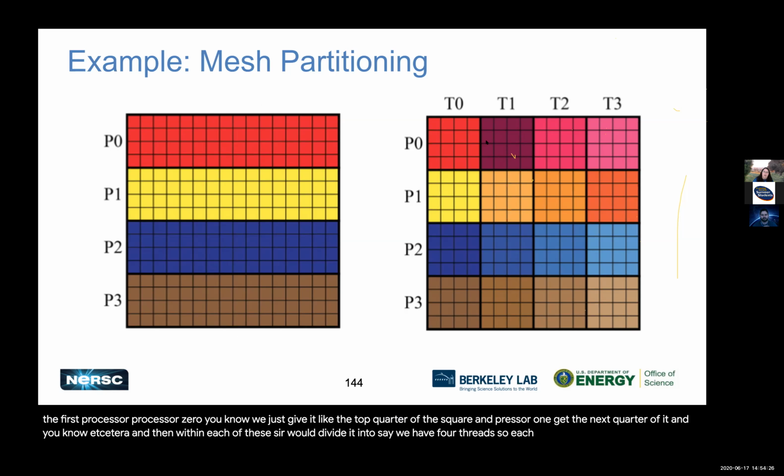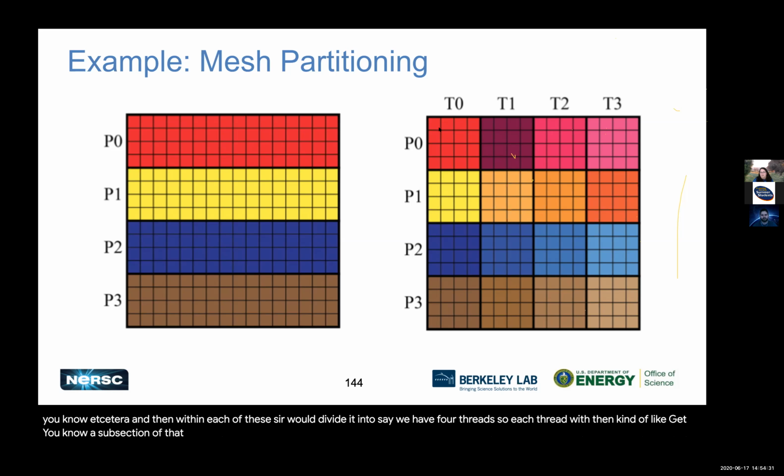So each thread would get a subsection of that, so they would have their own domains. This is probably the way that we would organize it, but maybe we would do it vertically. I don't know.